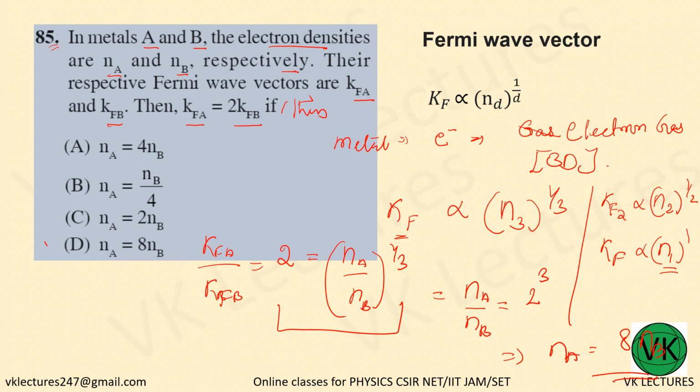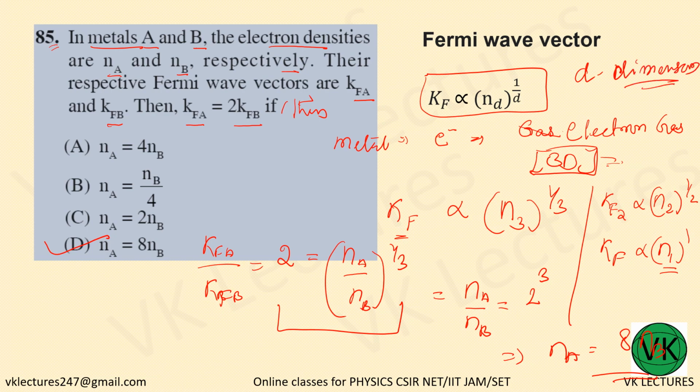Your answer is option D. This is true only if we are talking about 3D, and since it is a metal, it belongs to 3D. So please remember this formula from this question: kF is proportional to n to the power 1 by d, where d is the dimension you are talking about.